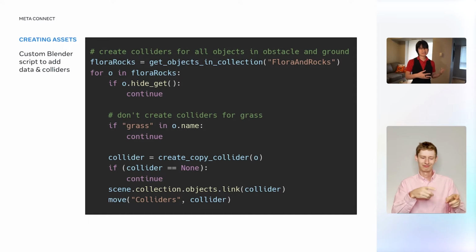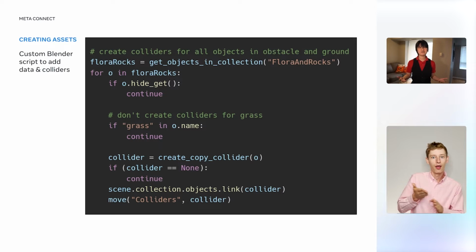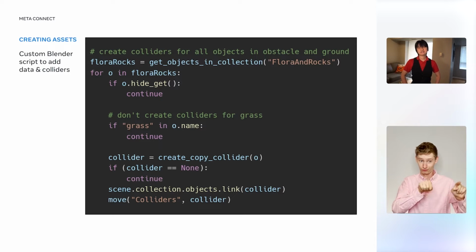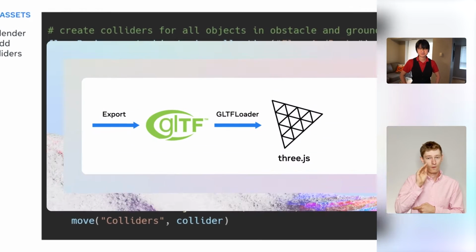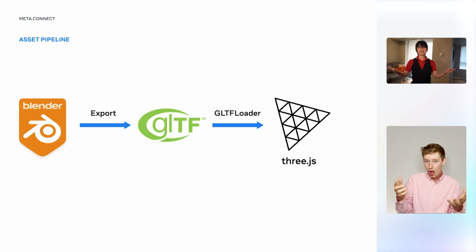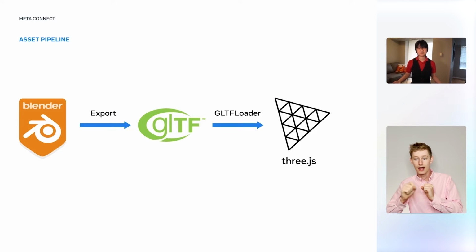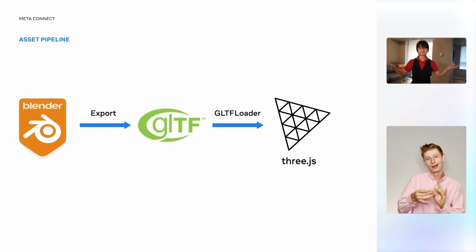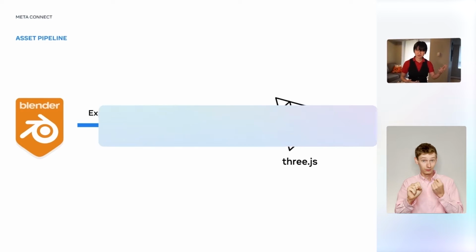And that's pretty much the extent of the customization we did for Flowerbed, but Blender gives you a lot of tools and extensions to make custom behaviors for your own experiences, such as object linking and modifiers. And the scripting is very powerful, so you really can make your own sophisticated tooling on top of Blender if you need to. So, all right. After that, we were able to export the glTFs from Blender and import them directly into Three.js. So that's that, right? Well, there's a bit more work to do.